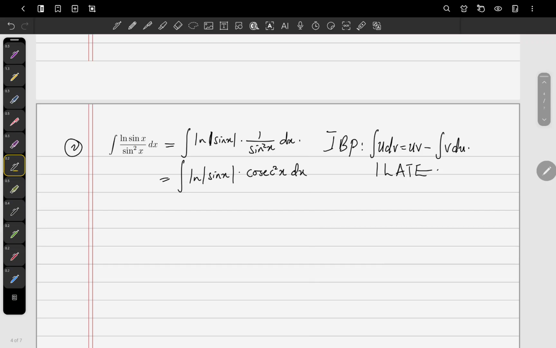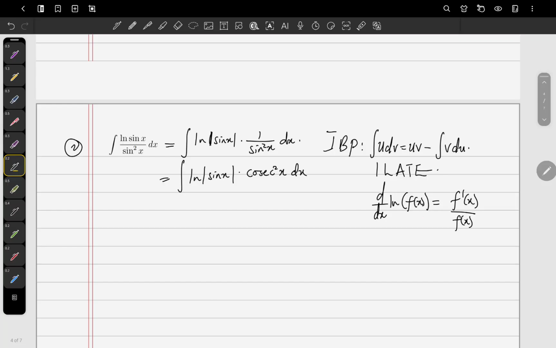It is always very easy to differentiate natural log functions because the differentiation of natural log of f of x is just f prime of x over f of x.